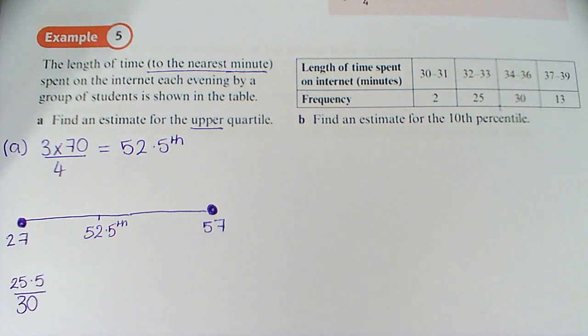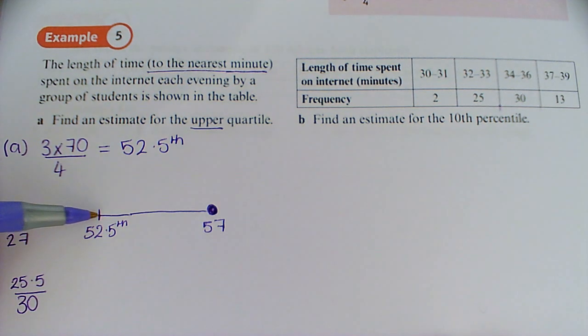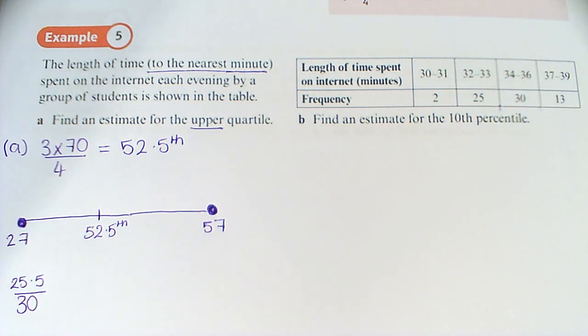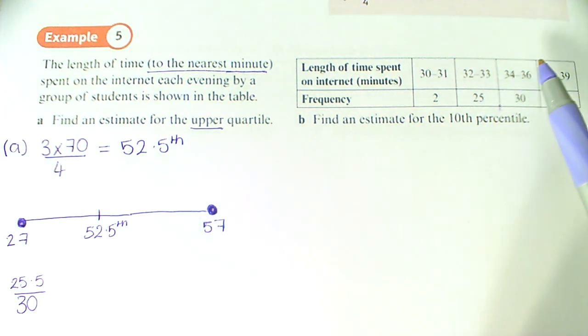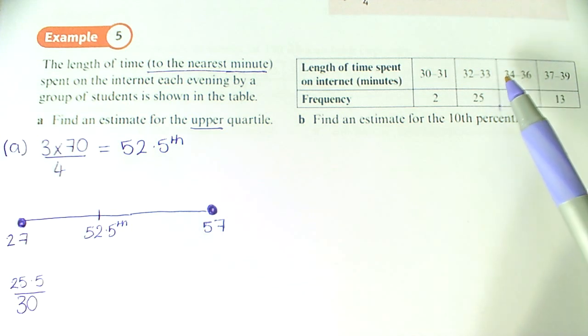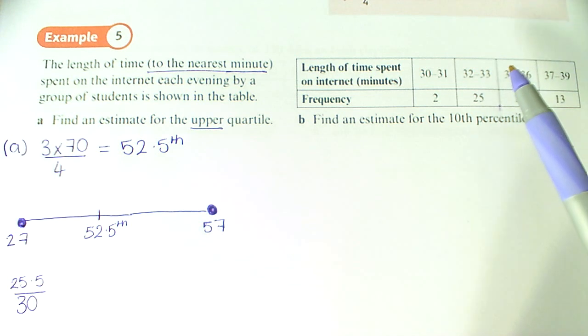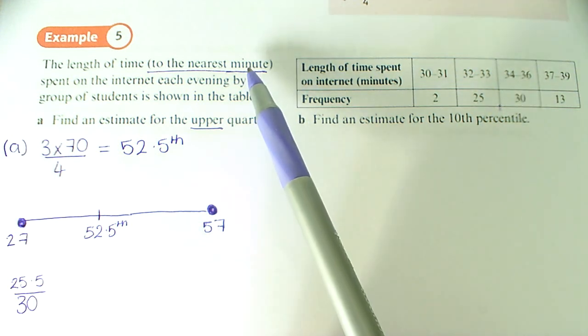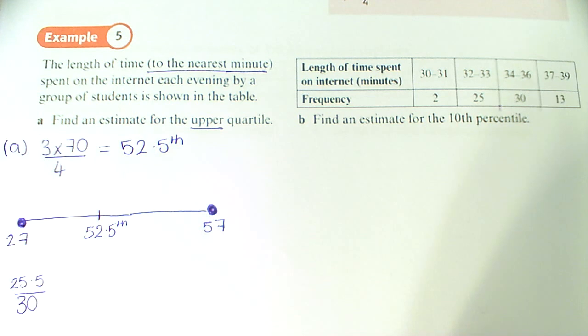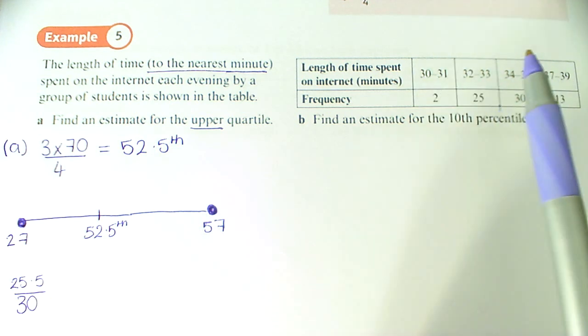What I want to know is where that would lie in terms of the length of time spent on the internet, because it needs to lie the same fraction of the way in to the data. It is this class interval, but it's not going to start at 34. The reason is because all of these times are to the nearest minute.